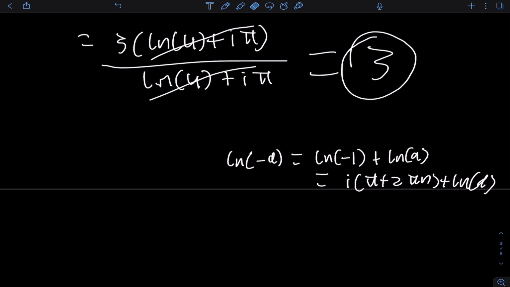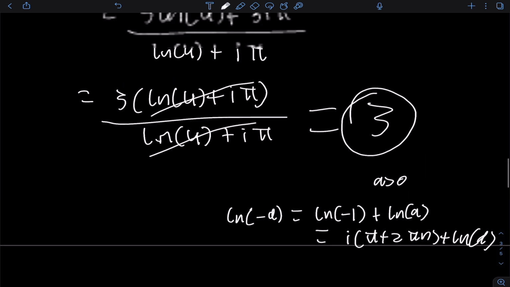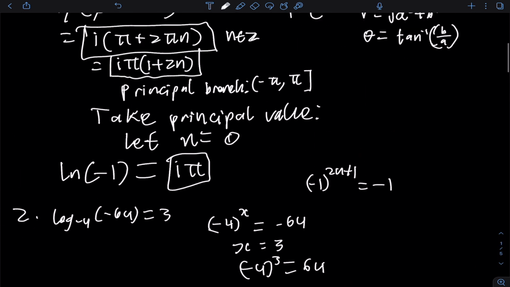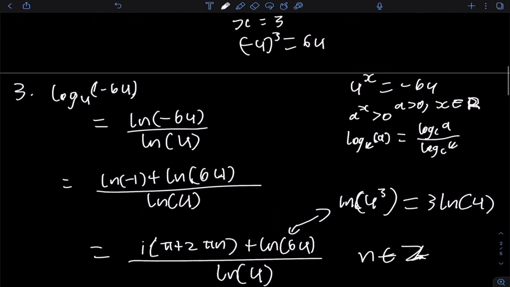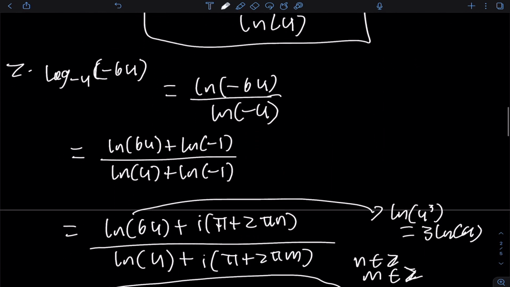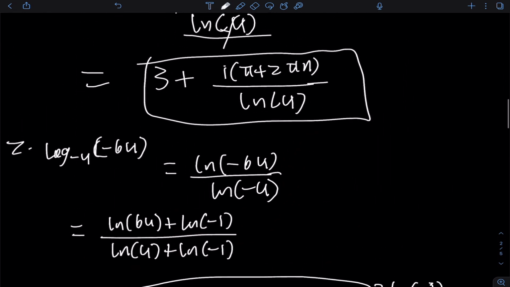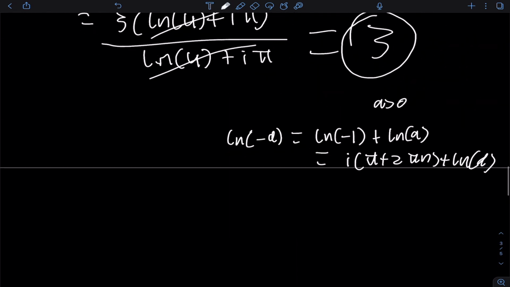And of course, a here has to be greater than 0 for this formula to work, because we're taking -a, so it has to be like 5, for instance. And then we saw that when taking different branches of these multivalued functions, we can actually reach a desired real output. So anyways, that was it for today's video, and thank you for watching.